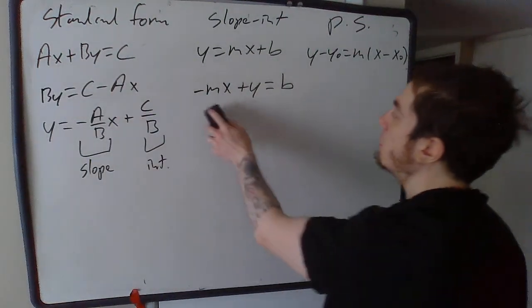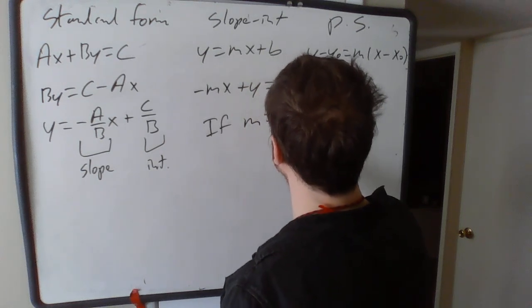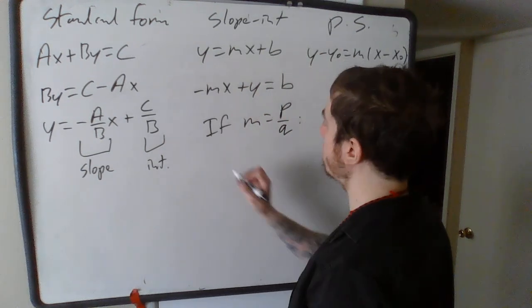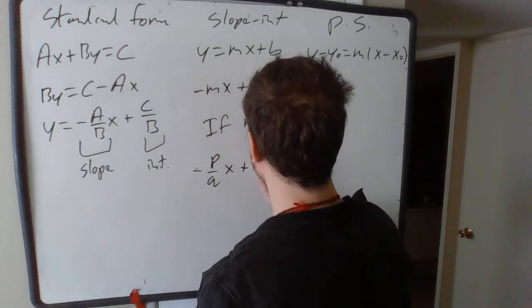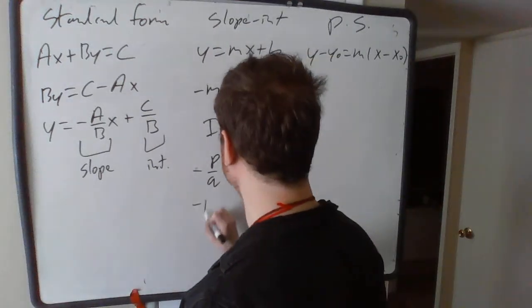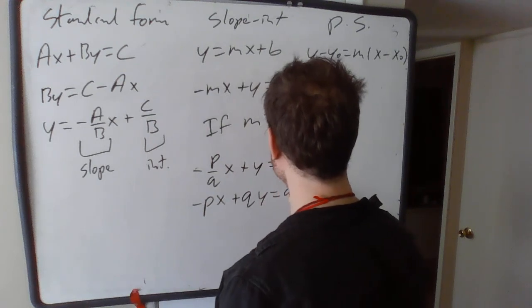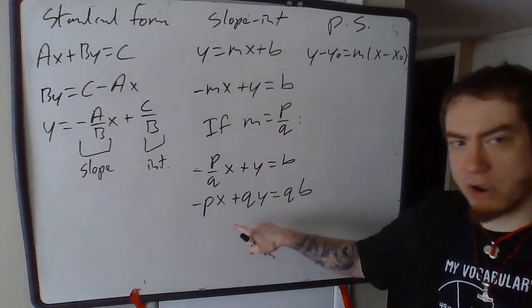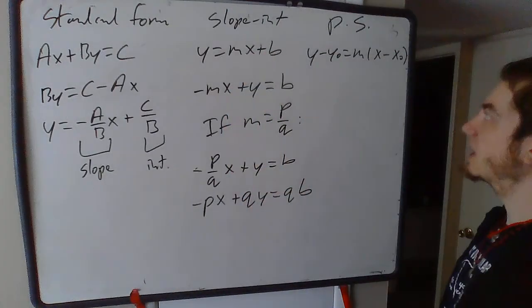So usually what you would do at this point is, if m is equal to p over q, then this would be negative p over q x plus y equals b, and you would rewrite this as negative px plus qy equals qb. That way all of these would be integers and these would be in standard form.